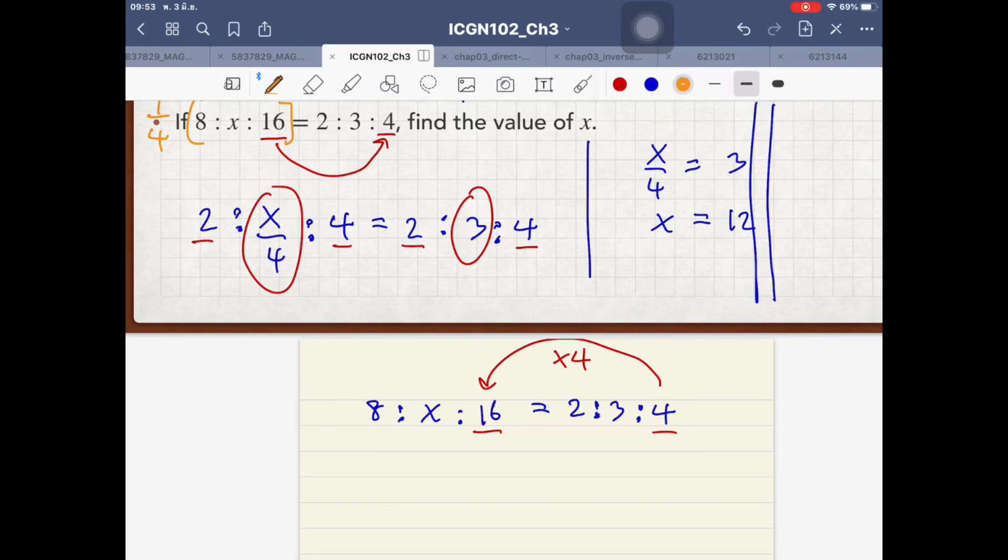So in this case, you just multiply everything by 4 on the right side, and then you can compare the terms on the left side. Okay, so if we do that, we get 2 times 4, you get 8. 3 times 4, you get 12. 4 times 4, you get 16. On the left side, you still have the same thing. So in this case, you can compare it right away. So x must be equal to 12. So that's it.